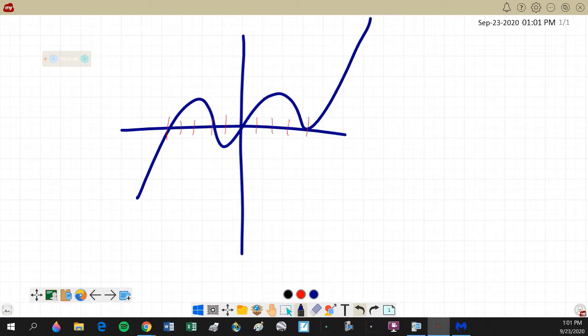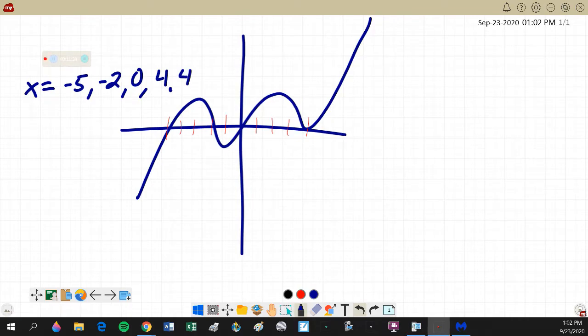Okay. So, x is equal to -5, -2, 0, 4, and 4. Anytime you get a bounce, that's a double root. So 4 and 4.